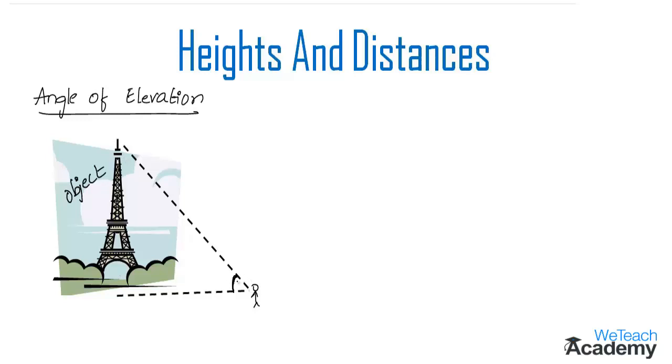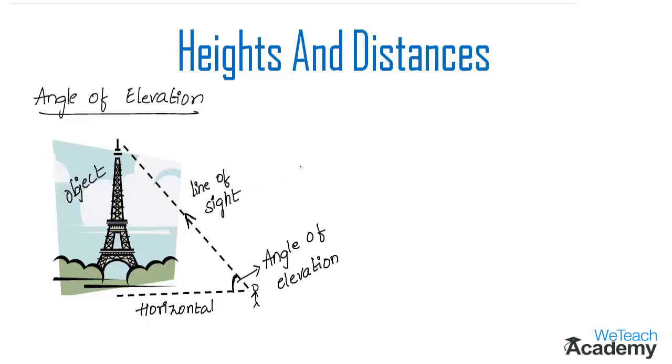This is the angle of elevation, and this is the horizontal line drawn through the observer's eye, and this is the line of observation in the upward direction, so we can name this line the line of sight.